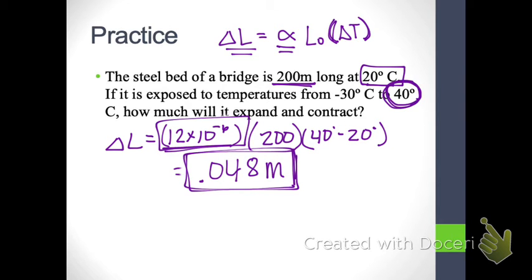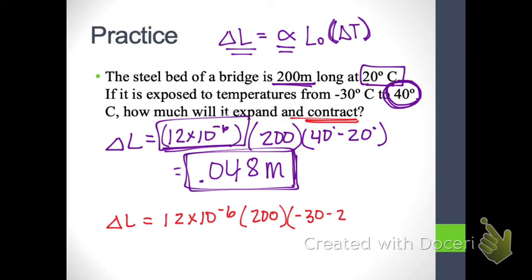All right, so the second part of our question wants to know how much will it contract? So I'm looking for my change in length. It's still steel, so we still keep our steel coefficient. Our original length was still 200. Our final temperature is -30 minus 20. If we look at the previous value, we didn't see a super change in temperature.